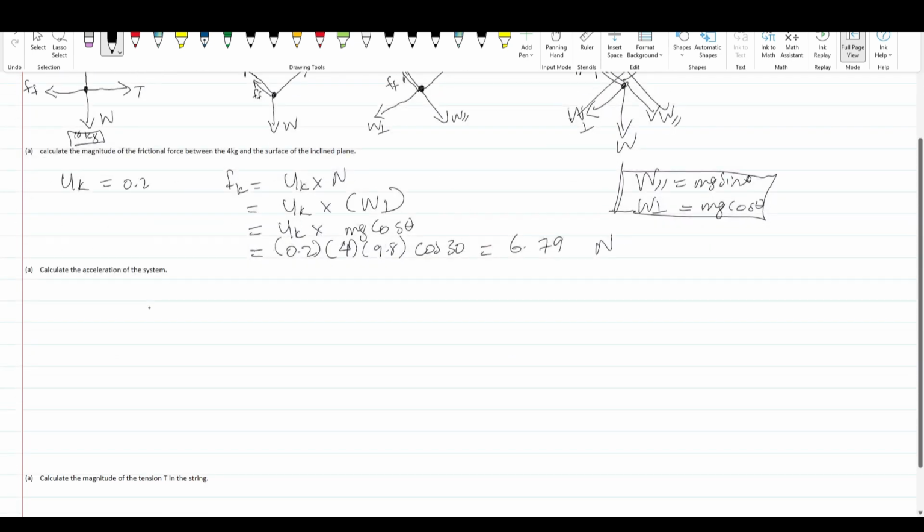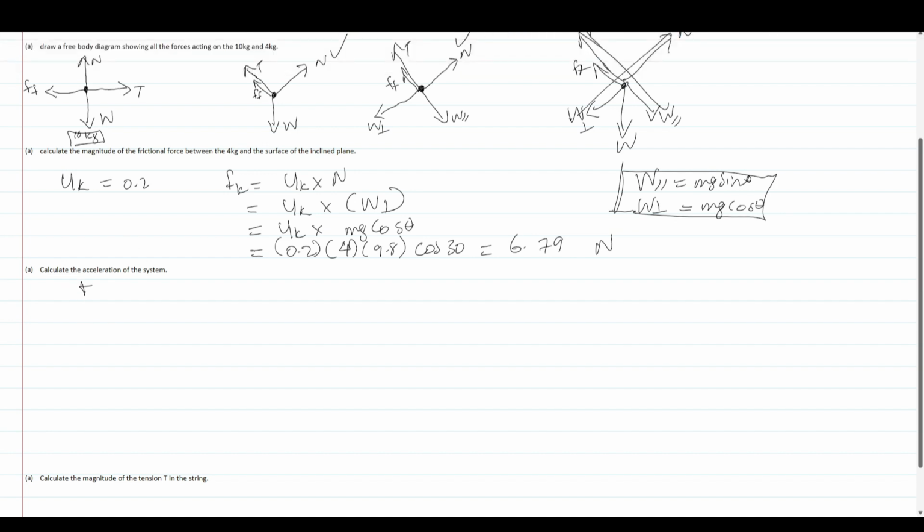So the approach to this question is to utilize Newton's second law, which says F net is equal to ma, and you're going to treat each block independently.